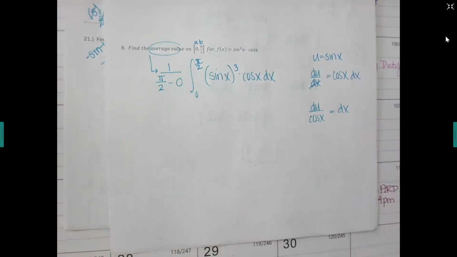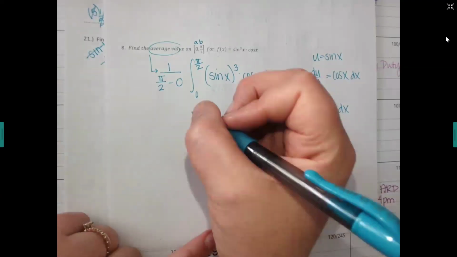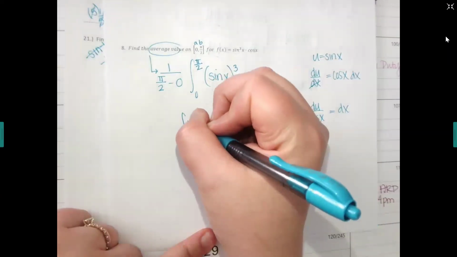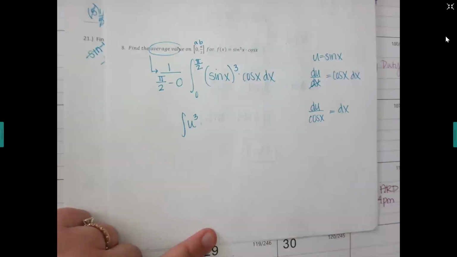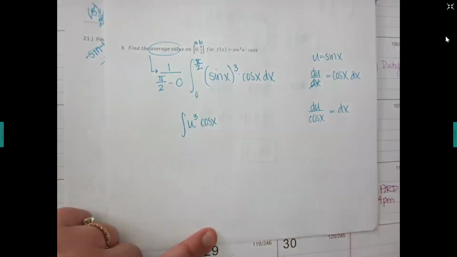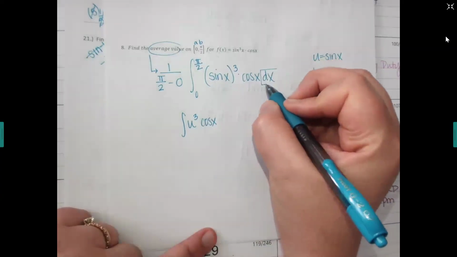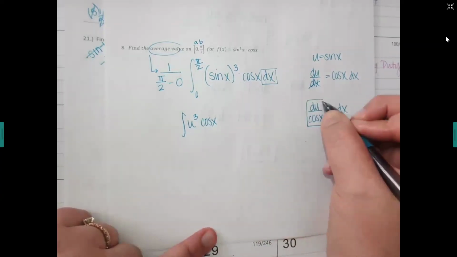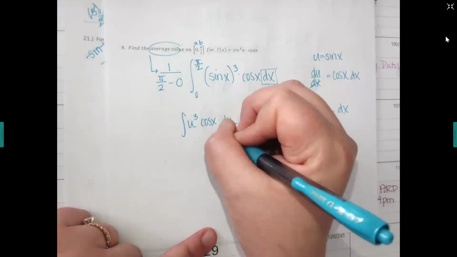And then if you kind of think ahead, that's good, right? Because I have a cosine I need to get rid of, and I have a divide by cosine on the bottom. So this is now going to be a u cubed. My cosine's still here for now. But then when I replace my dx with my du over cosine x, now those are going to be gone.